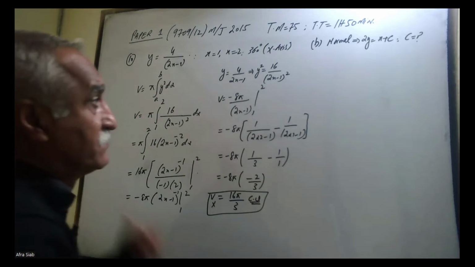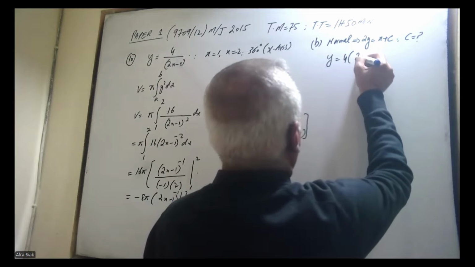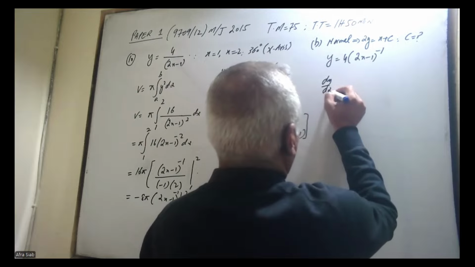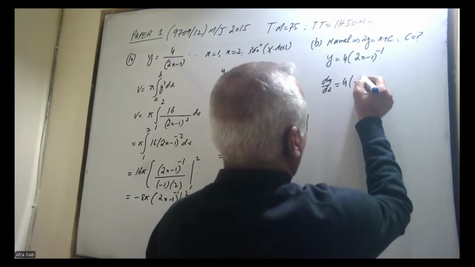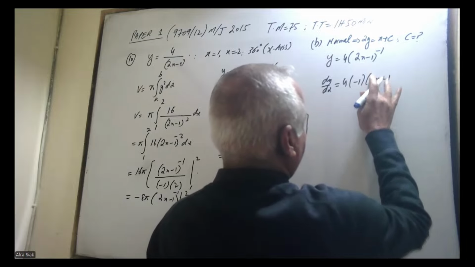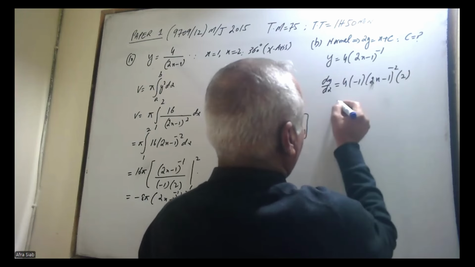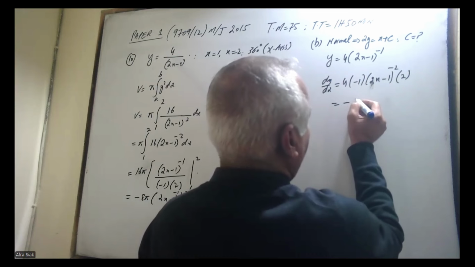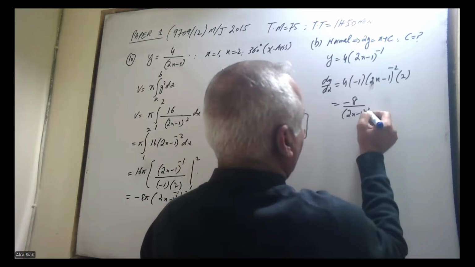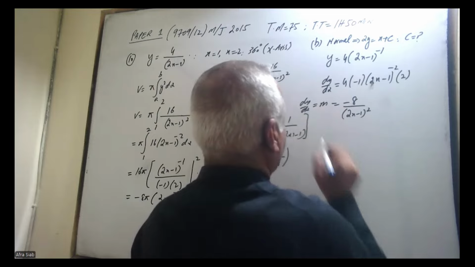When y equals 4 into (2x minus 1) to the power minus 1, dy by dx equals 4 times minus 1 into (2x minus 1) to the power minus 2 into 2. So that is equivalent to minus 4 twos are 8 over (2x minus 1) whole squared. That is the value of m, that is dy by dx.